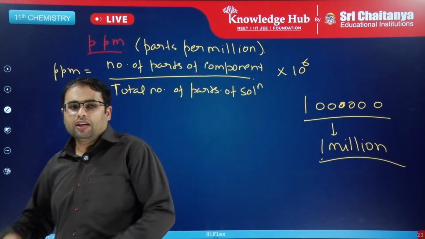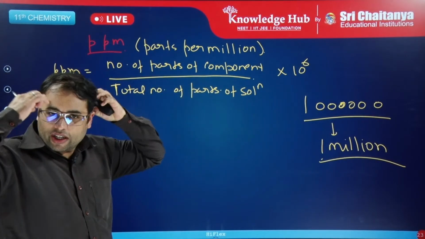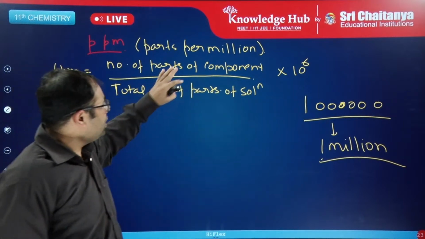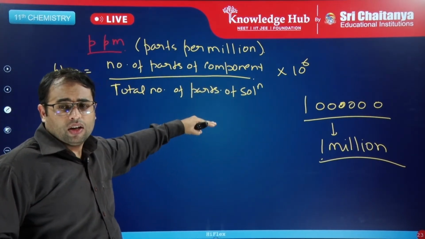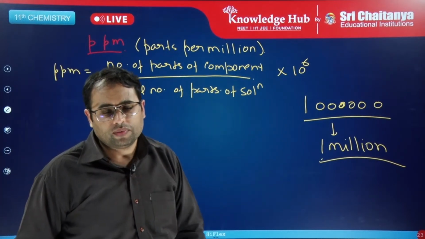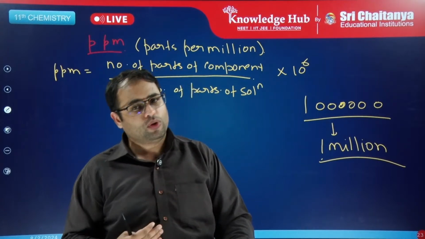Parts per million is a general definition. Do not get confused by this part. This part can be grams of solute present in total grams of solution. It can be weight, it can be volume also.